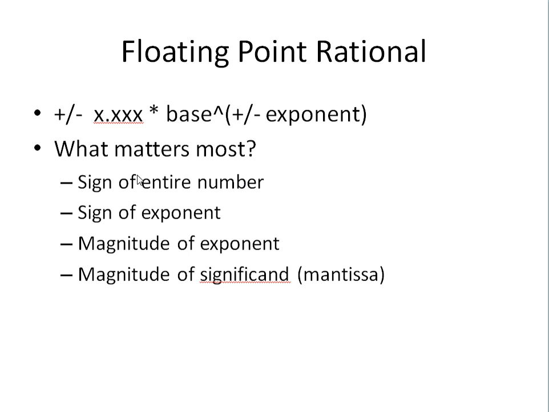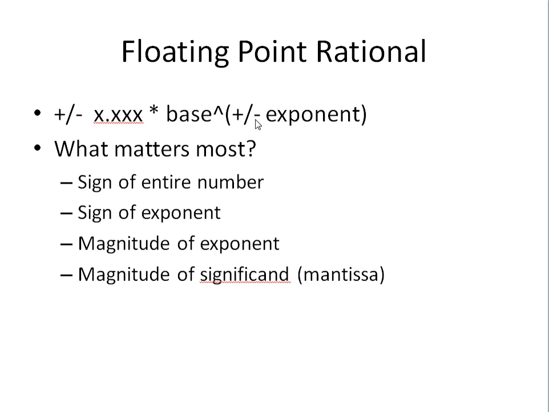So the sign of the entire number is the most important bit for determining the value of the number. The next one that comes in is the sign of the exponent. You flip that one, you've changed the magnitude. So if this number is the same between two, this plus or minus will have more influence than anything else.